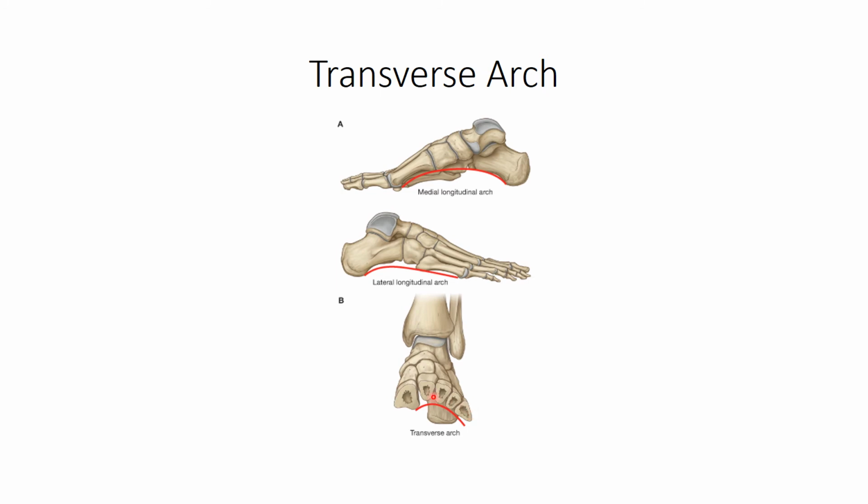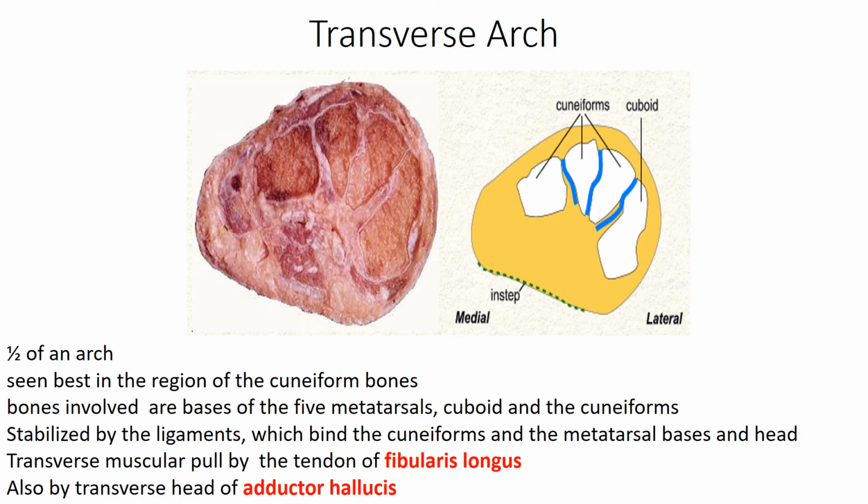Now this transverse arch is evident because the weight distribution, or the footprint, is not equal on all its components. So the transverse arch is actually half of an arch in a foot and is completed by the other foot, and it is seen best in the region of the cuneiforms.